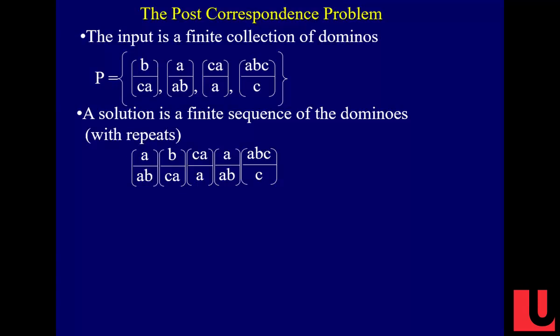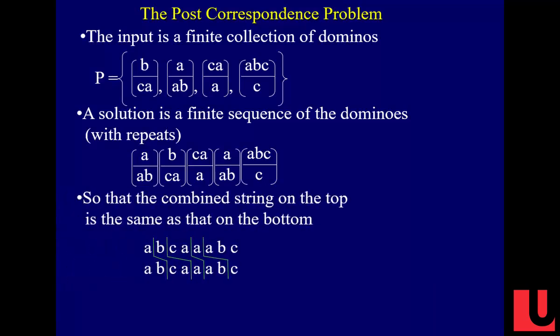Like on the test the other day, the polynomial: can you find integer values which make it 0? Well, you can try all the solutions, but if there's an infinite number of possible solutions, then you can't try them all, right? So here, a solution will be laying out tiles, and since you can repeat tiles, the solution could be arbitrarily long.